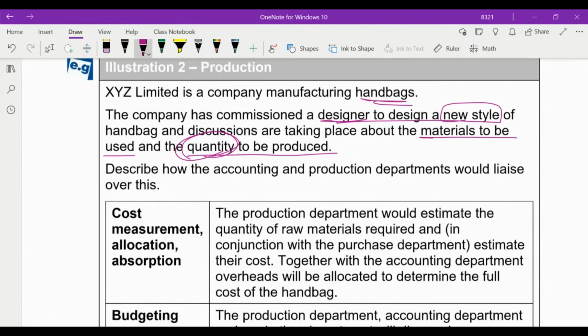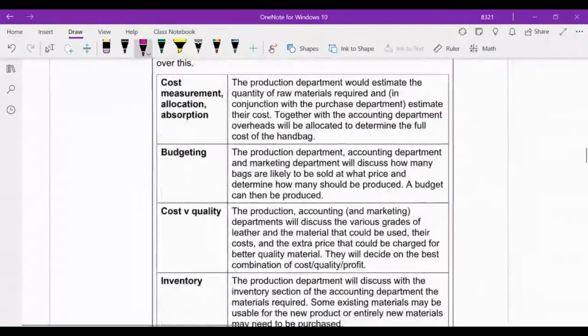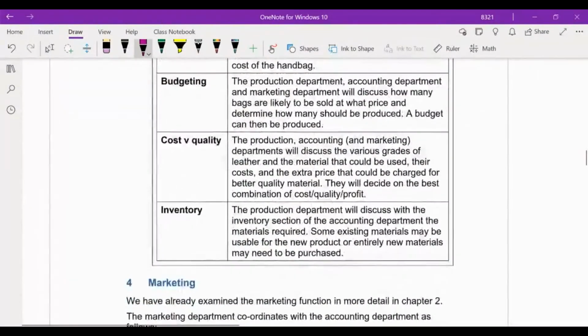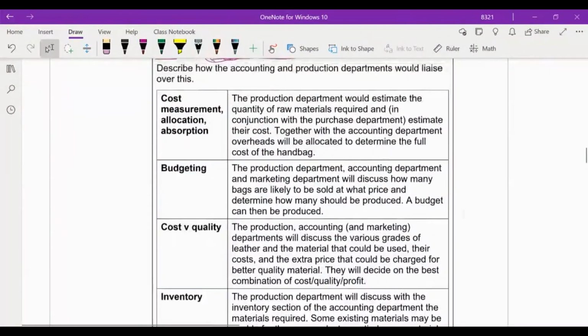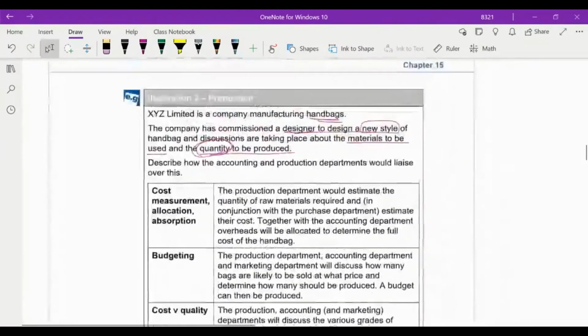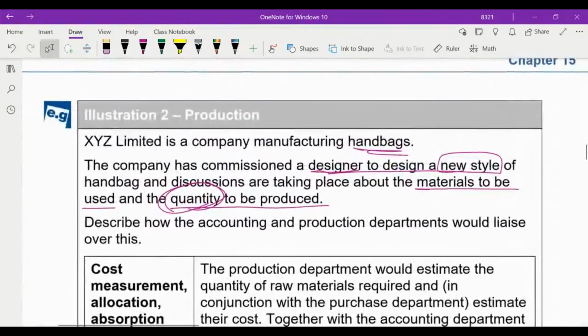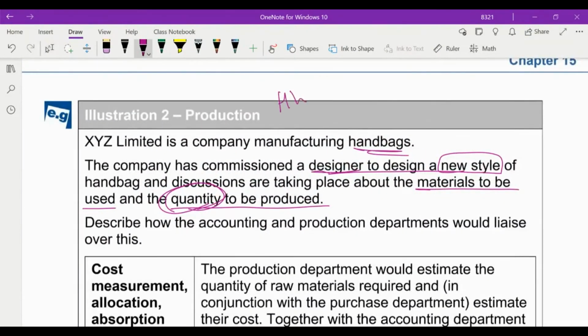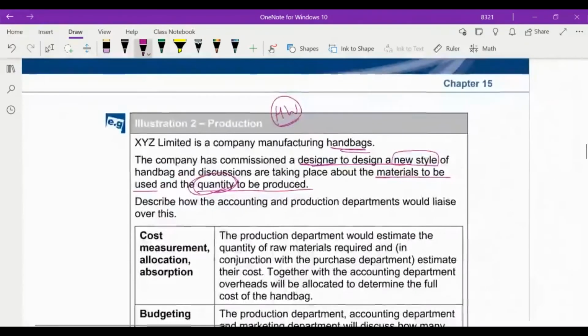So again, all those 4-5 things, the budgeting, inventory, cost allocation, quality and cost trade-off, things like that. We have to do the exercise in this case as well. So I think this is easily understandable and can be taken as an assignment.